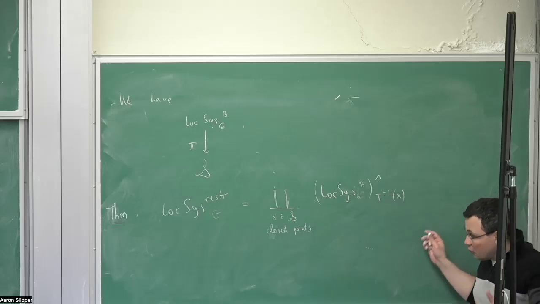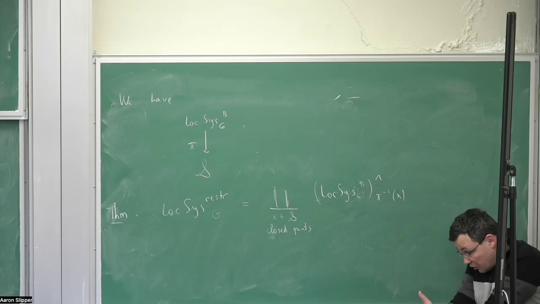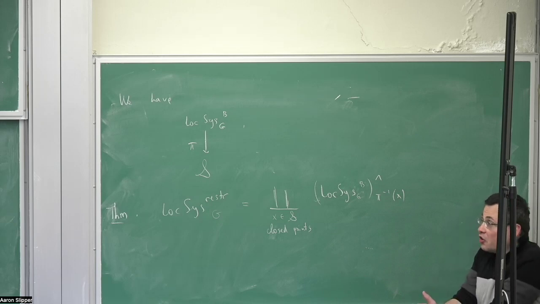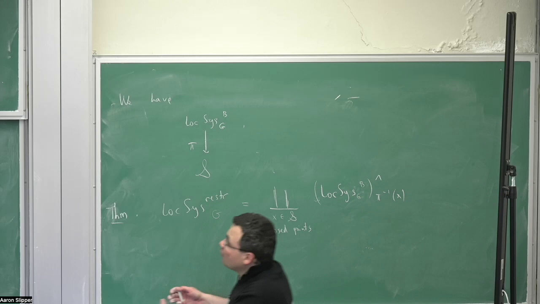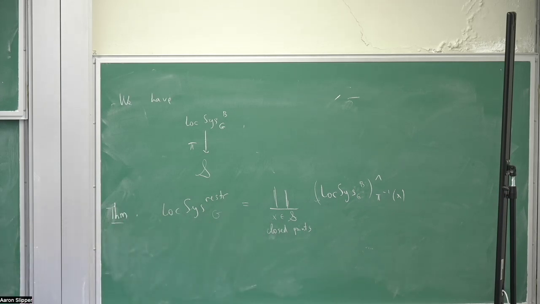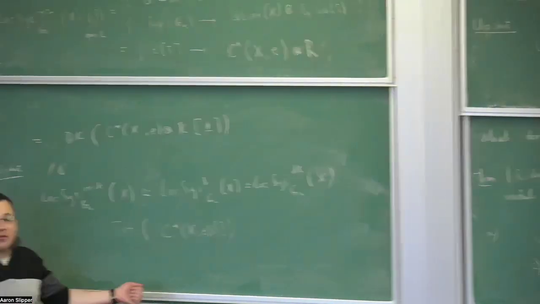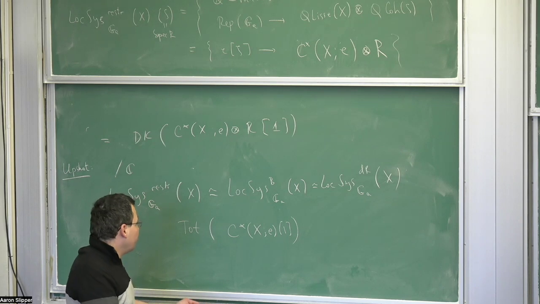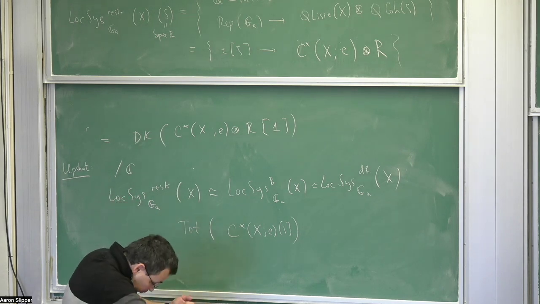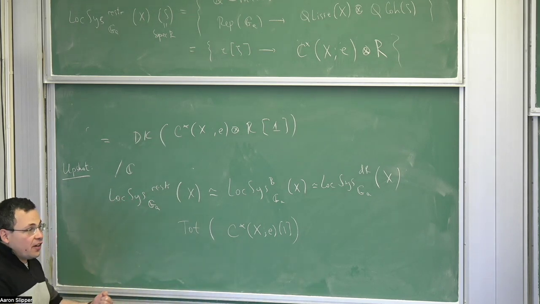In particular, you're grouping together all local systems that have the same semi-simplification. What was the difference between Gm and Ga? Well, in Gm, everything was semi-simple, so you couldn't go from one to the other by studying extensions.